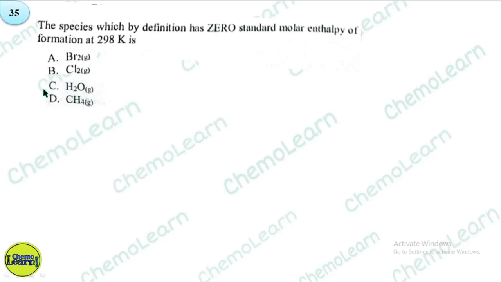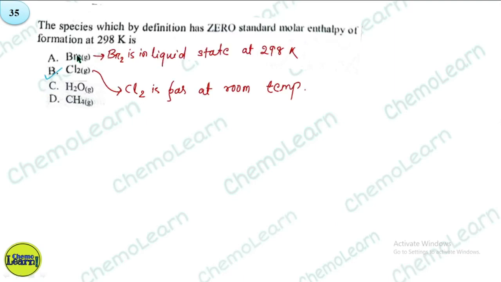So, these are discarded. Bromine, Br2, is in liquid state at 298 Kelvin temperature, but chlorine is a gas at room temperature. So chlorine Cl2 will be our right option.